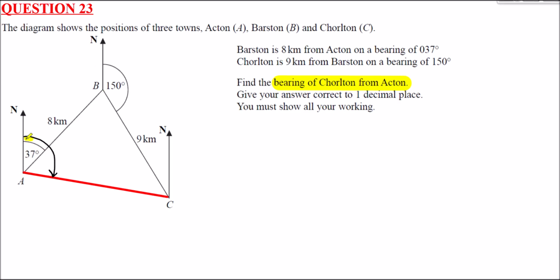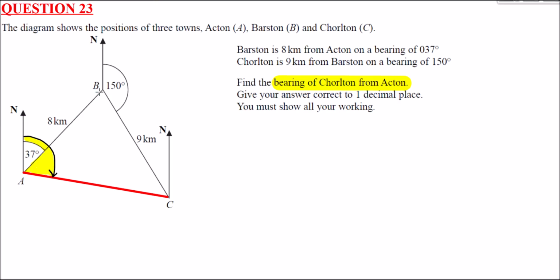So this is the angle I wish to find. Now, this is going to be a mixture of a few things. This is going to be both the cosine rule and the sine rule. But before we begin, let's just see if we can work out anything else about these angles.